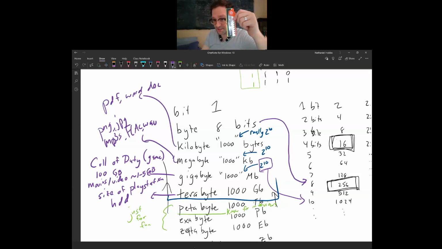This is the fastest of everything that we're talking about. The disadvantage is that everything in here is temporary. As soon as you restart or power off your computer, everything stored in here goes away. It's gone. So this is only good for temporary storage while you're using your computer right now.